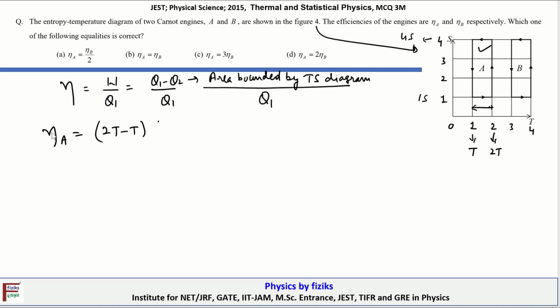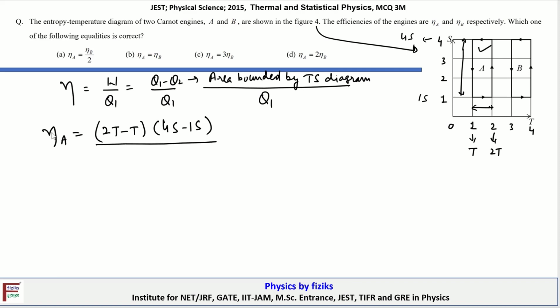And then 4S minus 1S. This will give us the delta S. So 4S minus S is basically this length. So that will give us the area of the TS diagram.